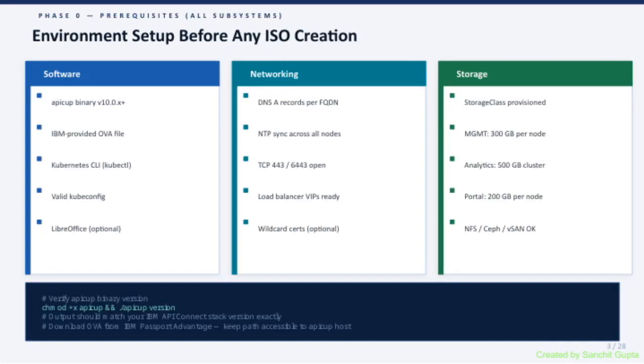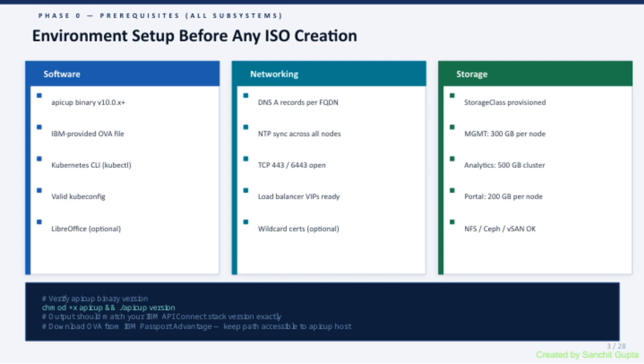Before we create any ISO, we need to get a few things in place. First, verify that the apicup binary version matches your IBM API Connect stack exactly. Make sure the OVA file is downloaded from IBM Passport Advantage and accessible to the apicup host. Storage needs to be ready, whether NFS, Ceph, or VSAN, with the right capacity for portal, analytics, and management nodes.